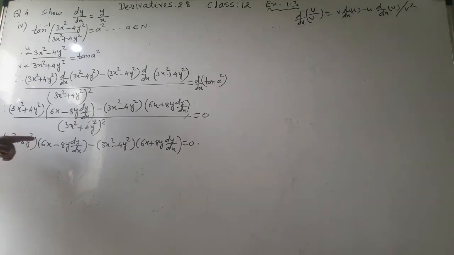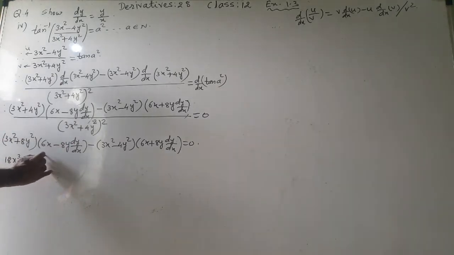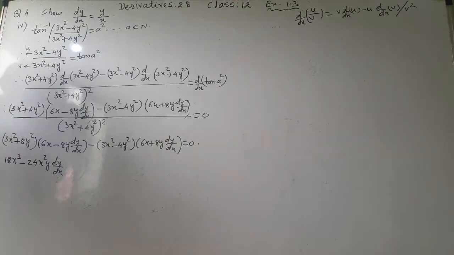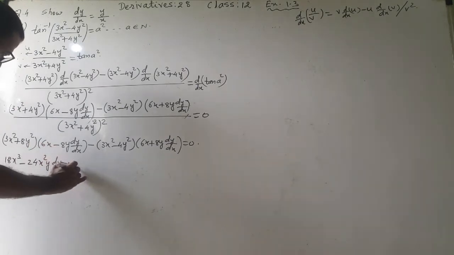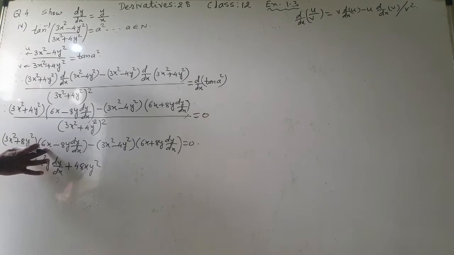Therefore, now I will open the brackets. 3x square into 6, 18x cube. 3x square into 8y dy by dx, so minus 8 threes are 24, x square y dy by dx. By this 3x square I have done. Now by this 8y, plus 8 sixes are 48 xy square, this multiplication.